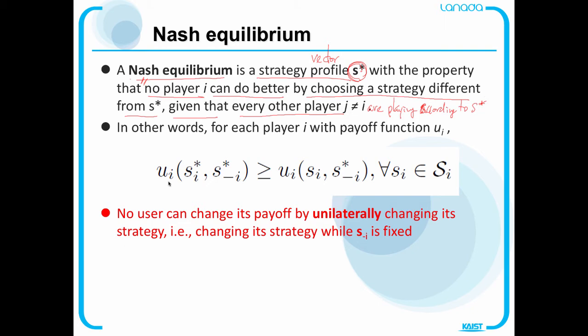I mean, let's look at it mathematically. So suppose that S star is a Nash equilibrium. I mean, S star is S1 star, S2 star, up to Sn star, if we have n players. Suppose that this is a Nash equilibrium, then it should satisfy this equation. So what is this equation? I plug in the strategy of i. This is i's perspective.